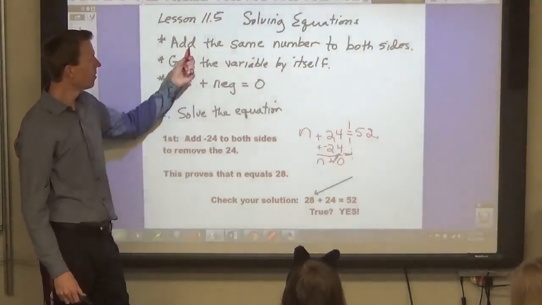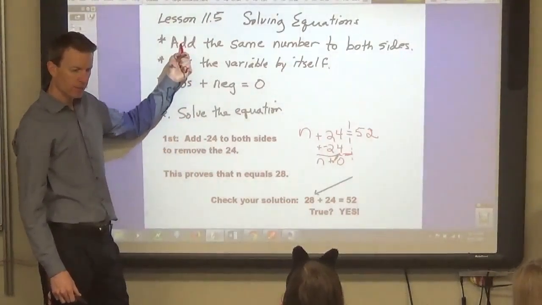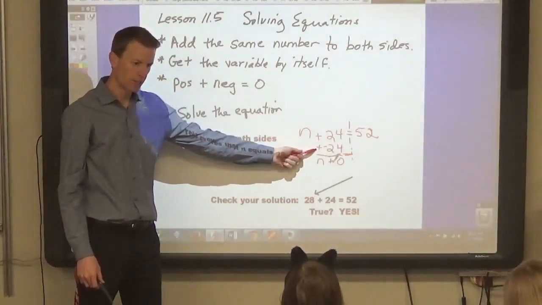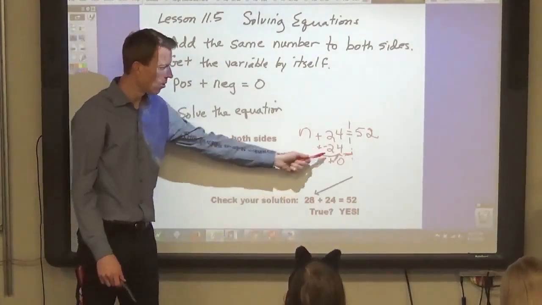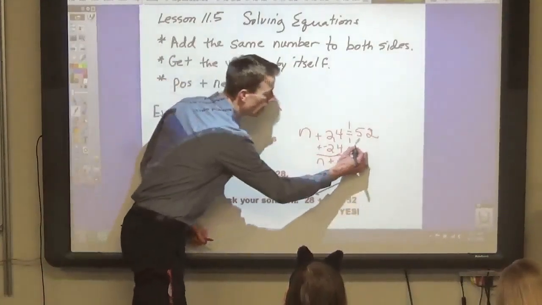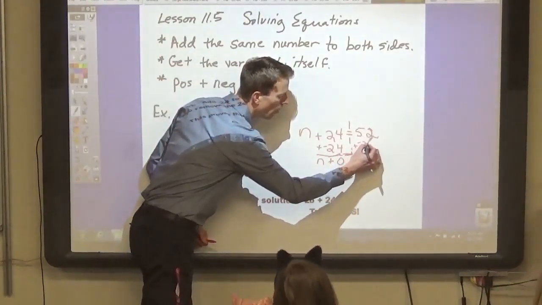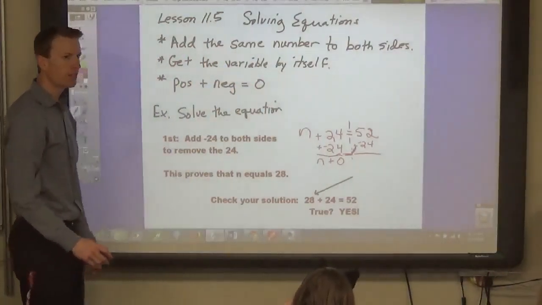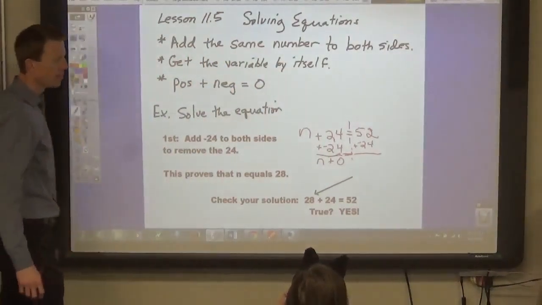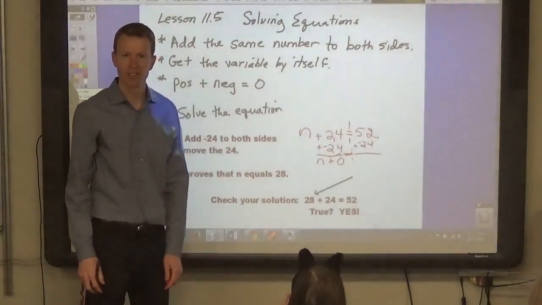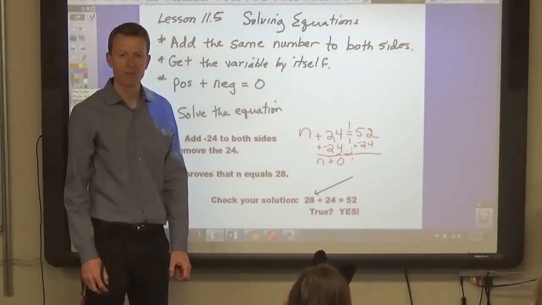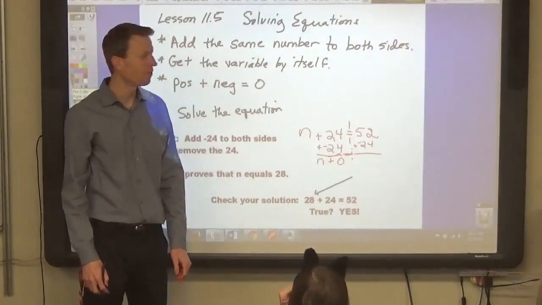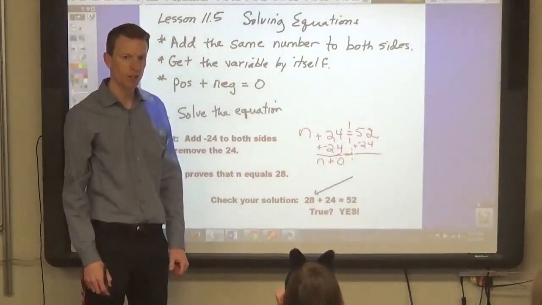And what's the rule? Ariana? Right, what did we add to the left side? No, right here. Negative 24. We have to add negative 24 to the right side then. What's 52 plus negative 24? Emily? 52 plus negative 24.